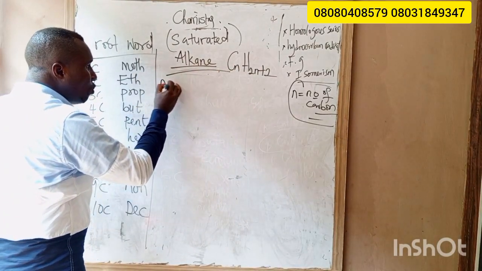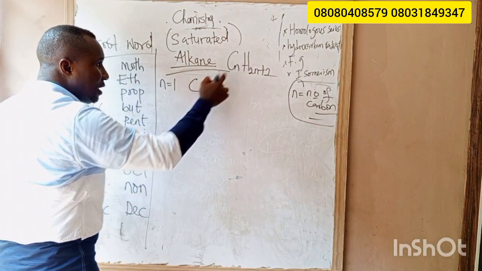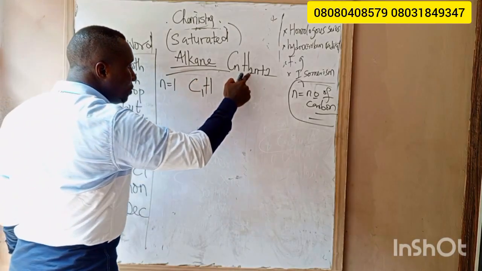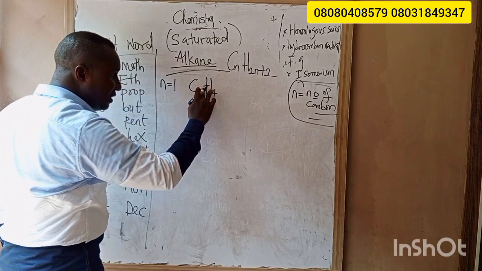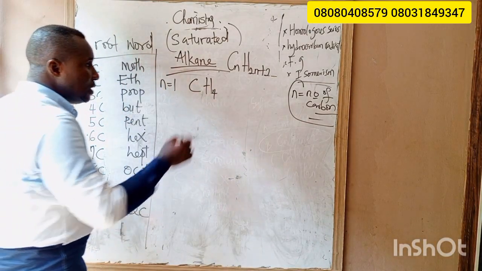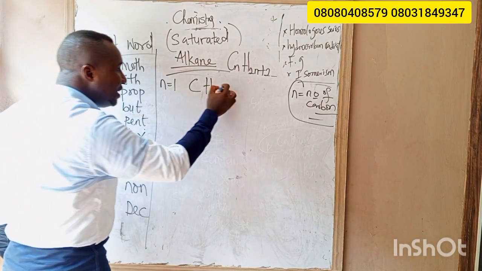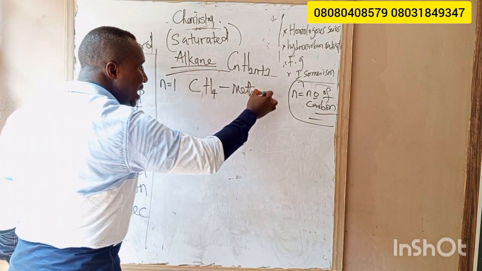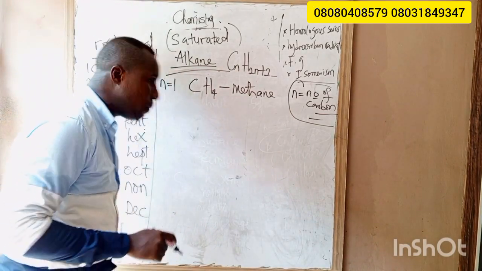Using this general formula, anywhere I see n, I put 1. C, H: 2 times 1, 2 plus 2, 4. Since this one is 1, there is no need to write it. C1 means C. Therefore, what is the name of one carbon? It is meth. Under alkane, methane. That means the formula for methane is CH4.